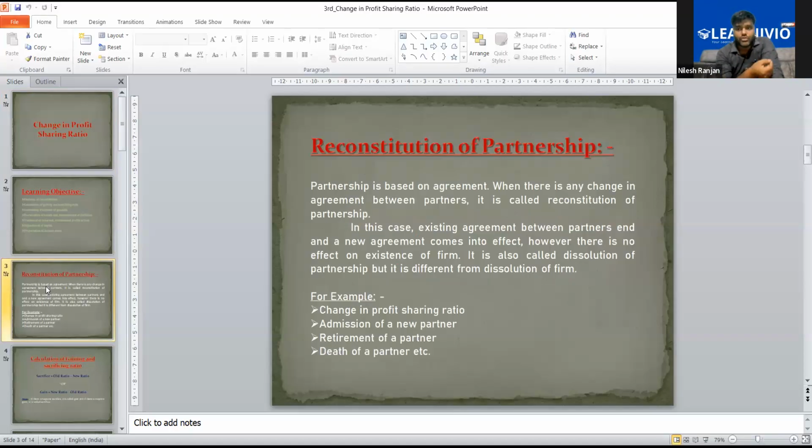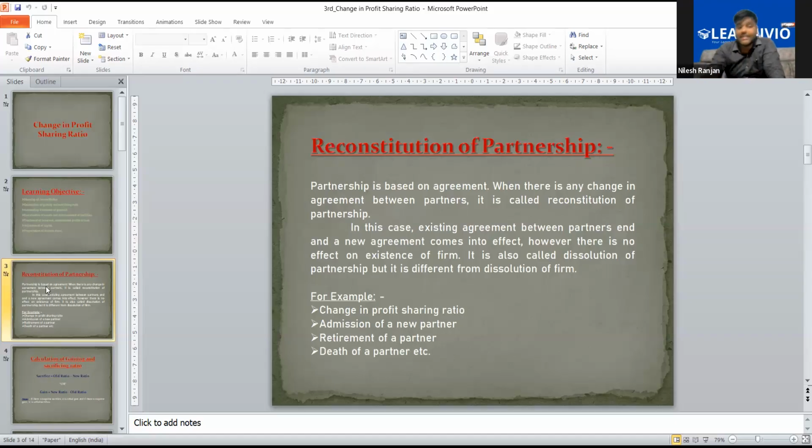If we have to close our business, we will sell all our assets, pay all the liabilities, and then whatever balance is left after payment of liabilities will be distributed between partners. That is how we close our business. But this is not dissolution of the partnership firm. It is not a shutdown of business. It is just a change of a relationship.